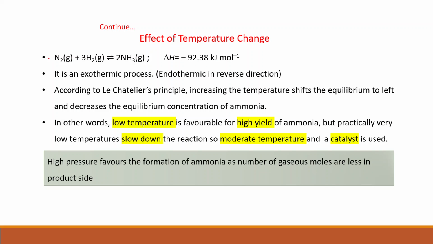Now consider one reaction, N2 plus 3H2 converting into 2NH3, and for this delta H is minus 92.38 kilojoules per mole. From this sign of delta H we can say this is an exothermic process. Now, dear student, remember, when we consider a reversible reaction, if it is exothermic in the forward direction, then it will definitely be endothermic in the reverse direction.